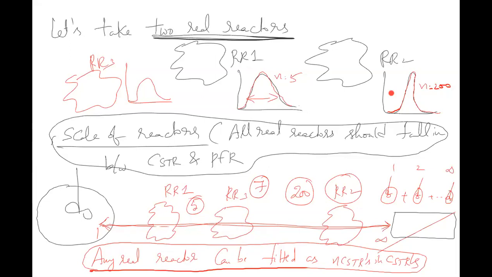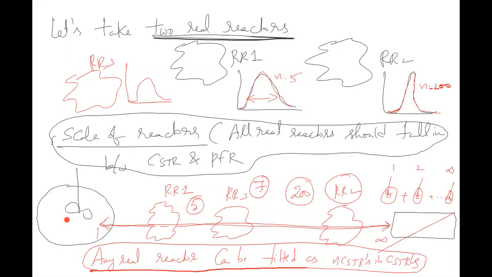If you understand, any real reactor in this world should fall in between CSTR and PFR only, because nothing exists beyond PFR, nothing exists beyond CSTR. These are two extreme ends of behavior of the plants. If the plants are completely mixing, it is CSTR; if they are not at all mixing, it is PFR.